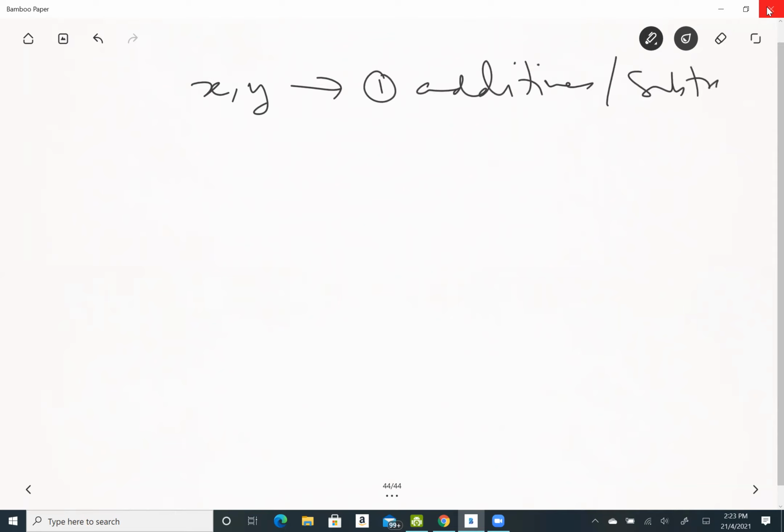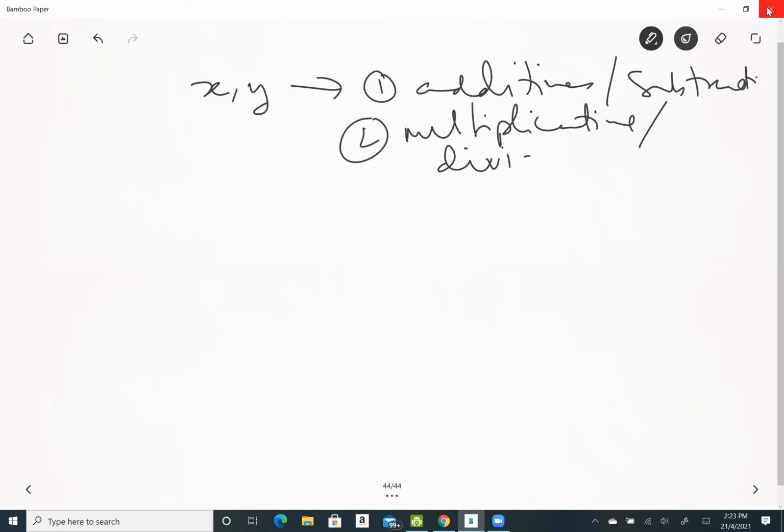So now there are two types. One is where the x and y, which are the independent variables, are additive or subtractive. And number two, they are multiplicative or divisive, that is, they are divided.